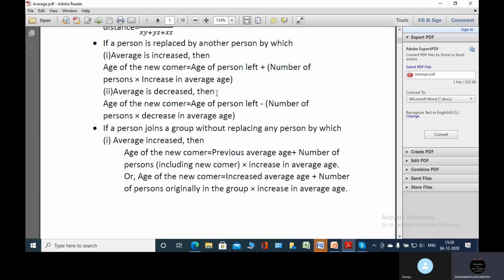If the average is decreased, then the age of the newcomer is equal to the age of the person left minus the number of persons into the decrease in average age. If a person joins a group without replacing any person by which the average increased, then the age of the newcomer is equal to the previous average age plus the number of persons including the newcomer into the increase in average age, or the age of the newcomer is equal to the increased average age plus the number of persons originally in the group into the increase in average age.